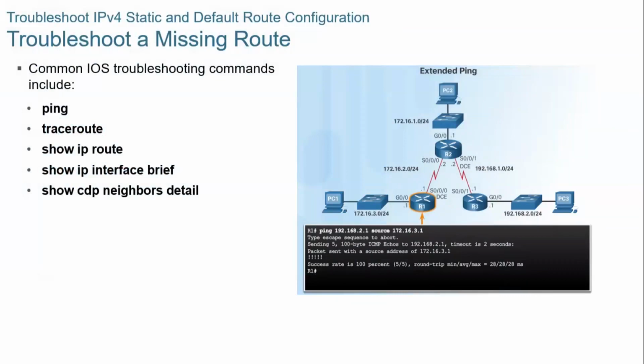Ping is basically if you can ping this IP over here and it's a success, yay, that means your route works. Now, one thing I would like to point out here is that you see these exclamation marks? They send 5 packets, they got it. Success rate is 100%.